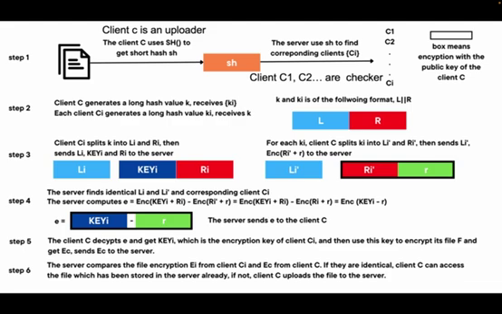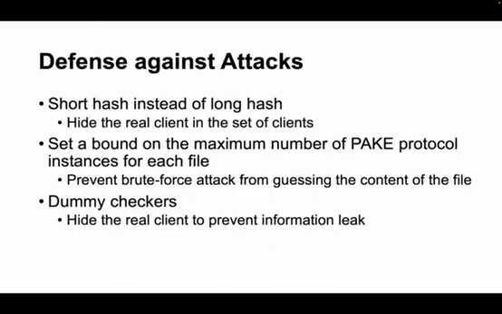Here I'm going to introduce the defense adopted by this paper. When using a hash value as the identity of the file, it is possible for an attacker to guess the content of the file by applying a brute force attack.